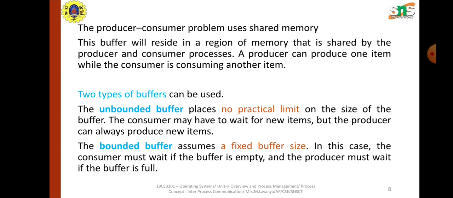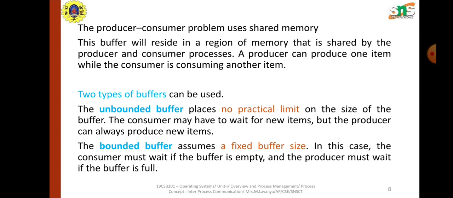So if it is free, then only the producer can produce. Once it is completely filled, the producer must wait till the consumer consumes the data, and after the buffer gets free, it will use that buffer space for producing the data.